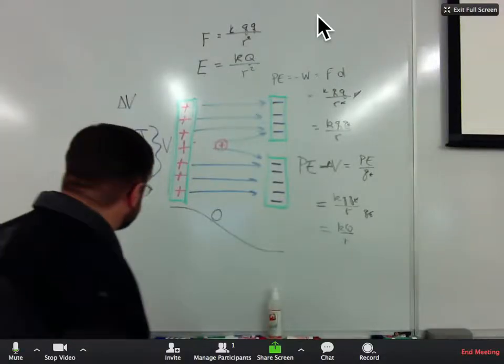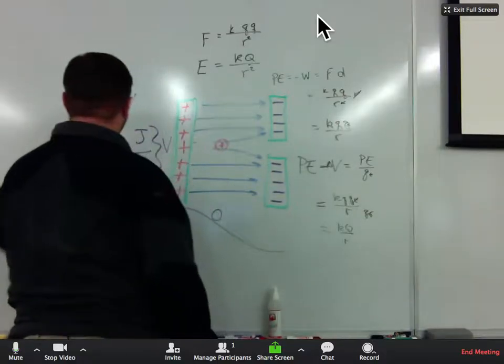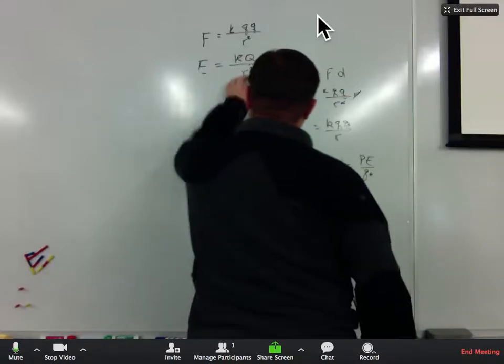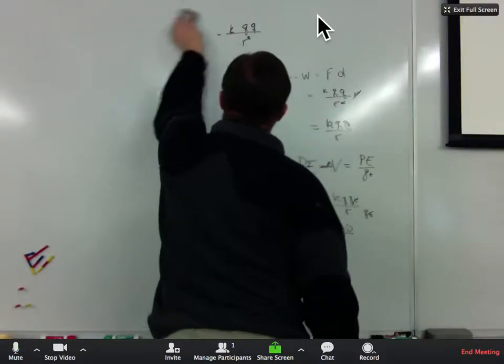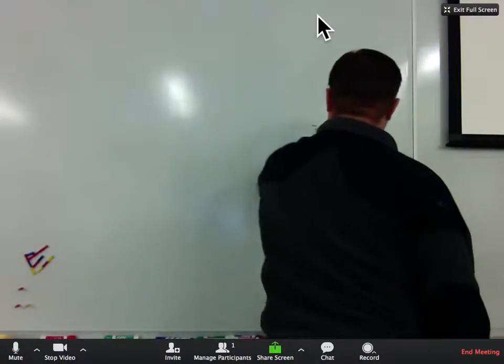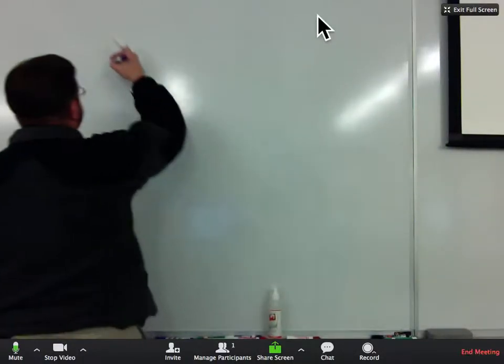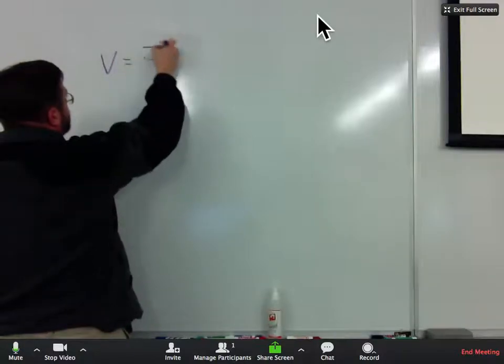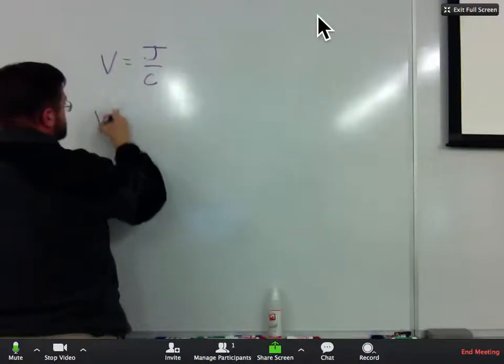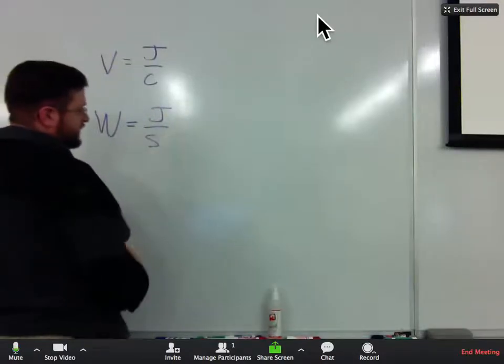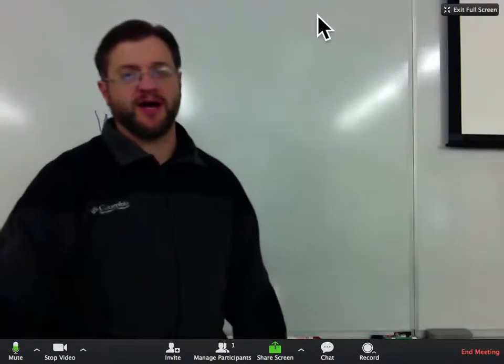Well, if volts are joules per coulomb, watts, remember, are joules per second. They're how much energy we use per time.